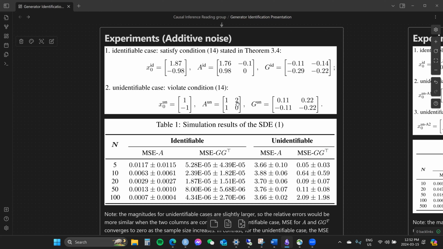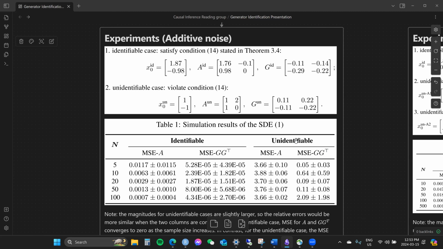So in the results here in table 1, in an identifiable case, the mean squared error of A is converging to 0 as they increase their number of trajectories. And the same thing with the MSE of G transpose, it's converging to 0.